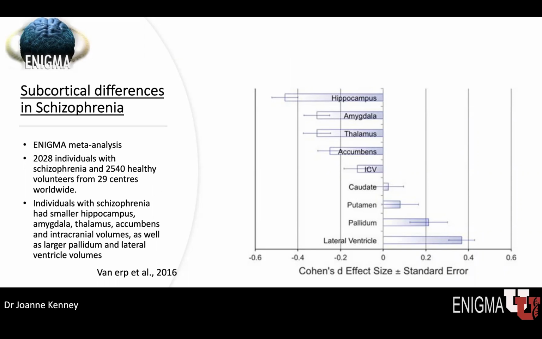Using MRI scans, they reported that individuals with schizophrenia had smaller hippocampus, amygdala, thalamus, accumbens, and intracranial volume. They also reported enlargement in other regions, such as the caudate and putamen. And we see here the largest difference was in the lateral ventricles.